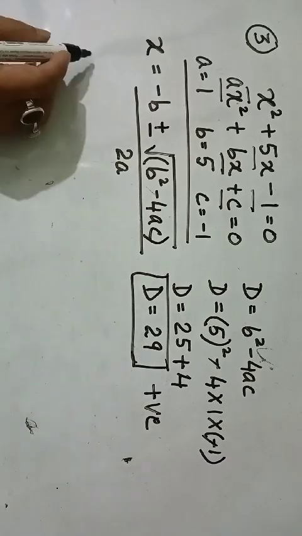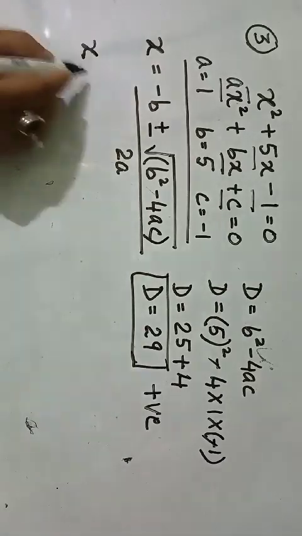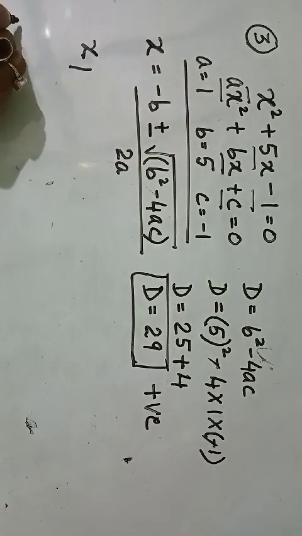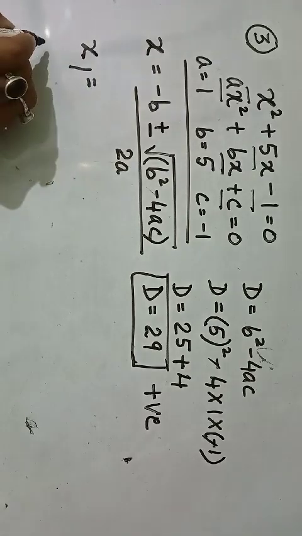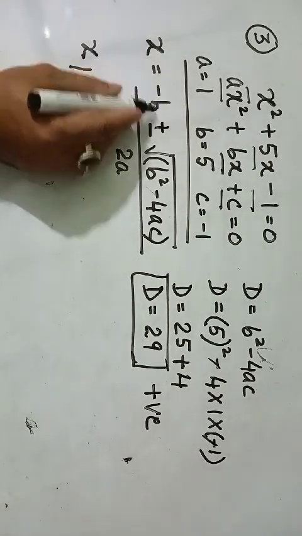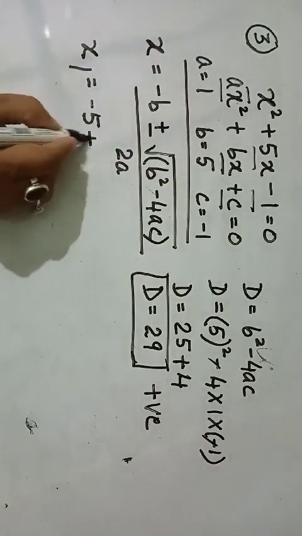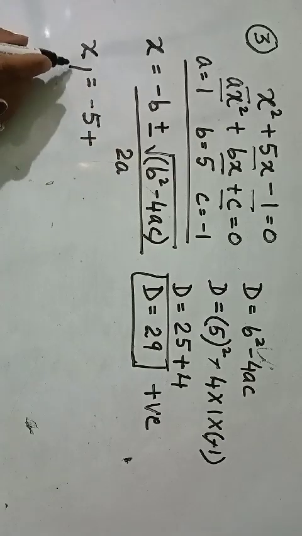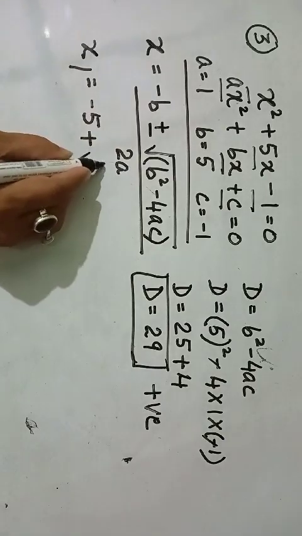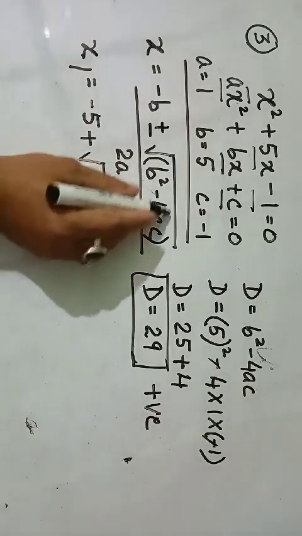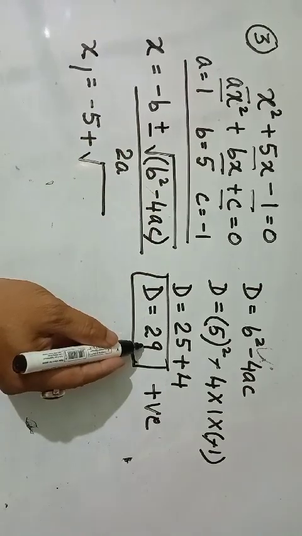Okay, please note here children, this is the important aspect. So x1, let me write x1 will be minus of b. B is 5, so I will write minus of 5 plus. So I'm going to use plus sign because this is the first root. Under root b square minus 4ac has come out to be 29.